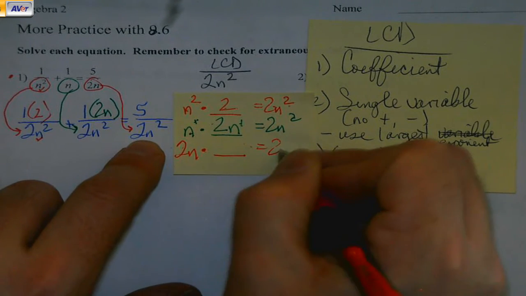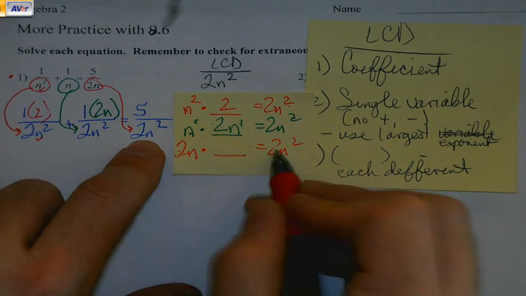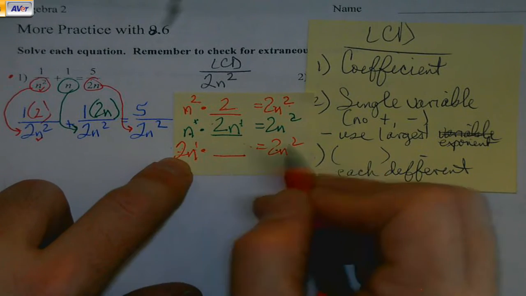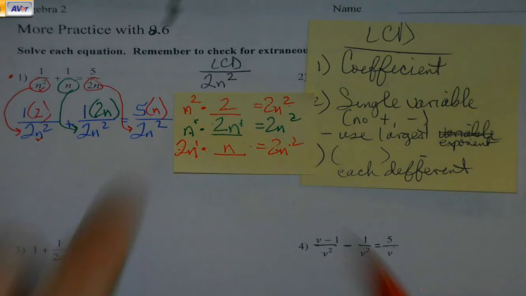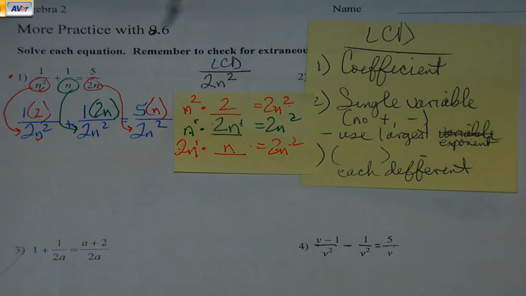I want to get to 2n squared. I got the 2. I got 1n, but I need 2, so I need one more. So seriously, if being able to visually see what you're multiplying to get across works for you, that's the route I would go as far as those go. So that's what we're going to take a peek at.